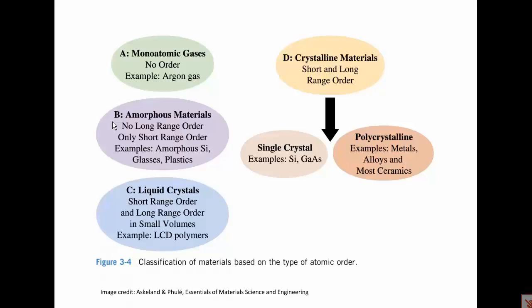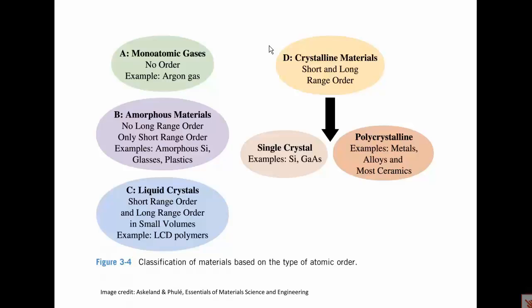These materials are called amorphous materials, and they include materials such as glass and plastics. Liquids also have short-range order. In category D, crystalline materials may be classified into two subtypes.